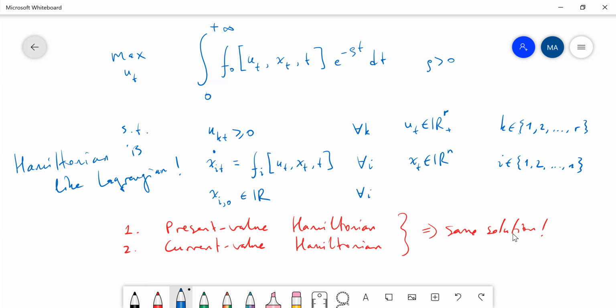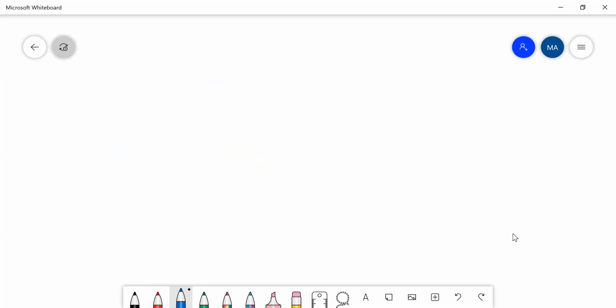Now let's start with the present value Hamiltonian. It will be defined in this way. First, you have the objective, and then you have the constraint.